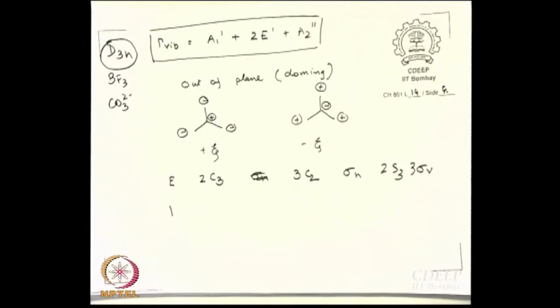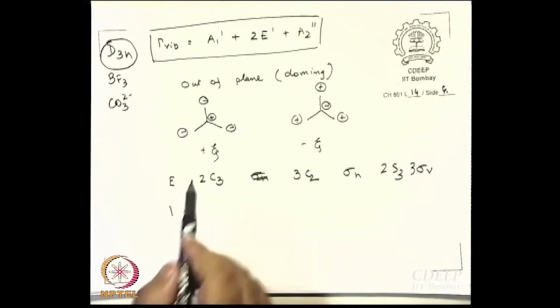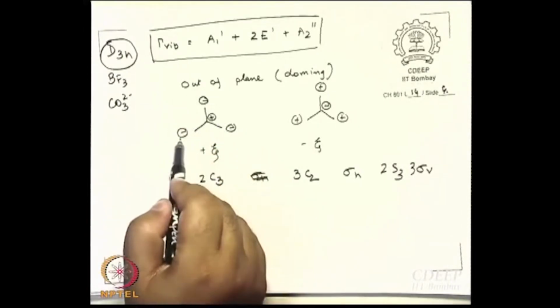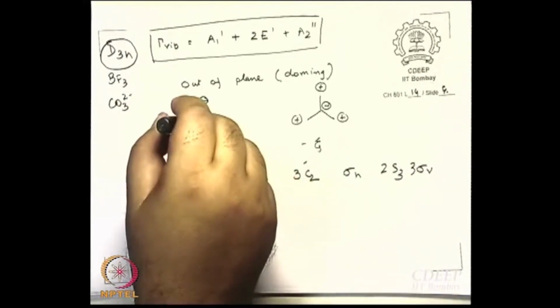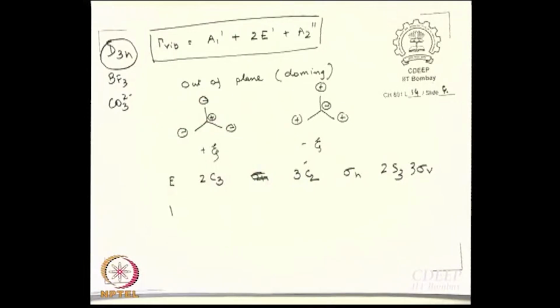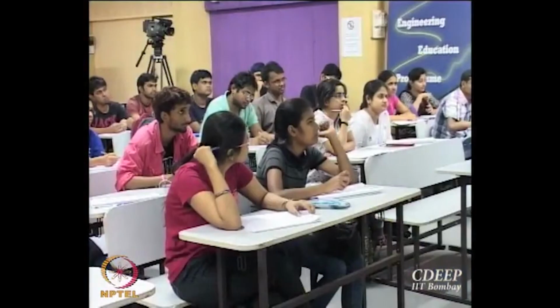If I apply C3, then what happens? What should the character be, plus or minus? Do not forget this whole thing is plus, this whole thing is minus. So if I apply C3, what happens? The minuses remain minus, right? Wherever you have minus sign now, you have a minus sign even after applying C3. Wherever you have plus sign now, you have plus sign after applying C3. So you agree with me that plus xi remains plus xi and minus xi remains minus xi, agreed? Very simple. So character is 1.